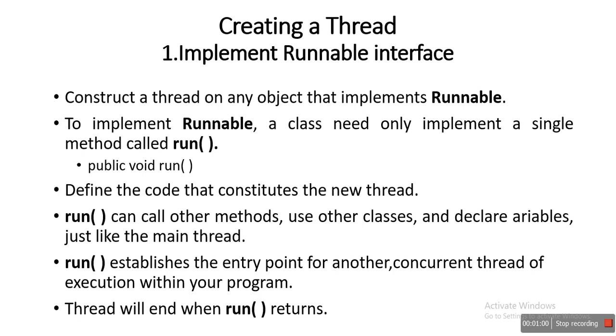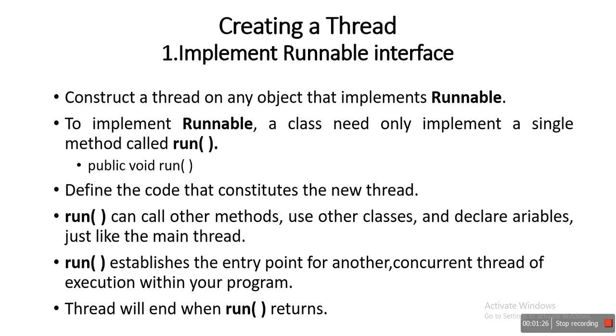Okay, here we'll discuss how to create a thread by implementing the Runnable interface. Construct a thread on any object that implements a Runnable interface. This means you create a thread on any object that implements Runnable.